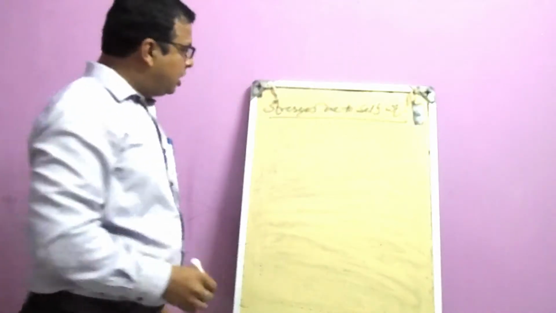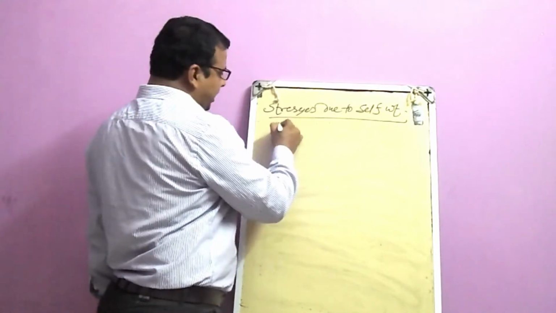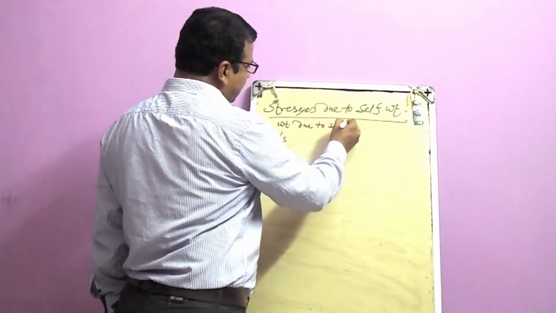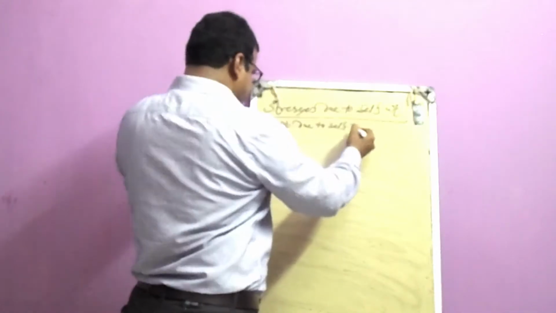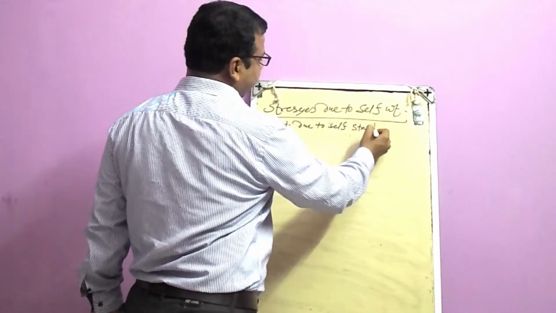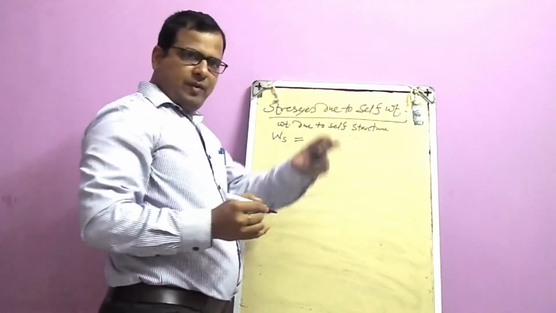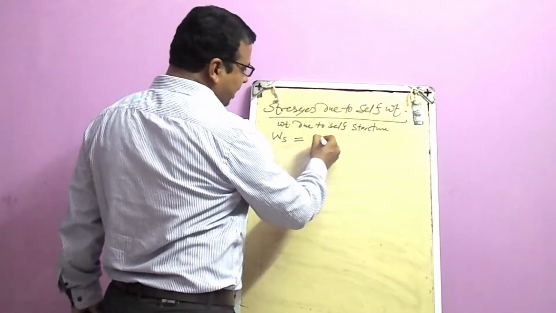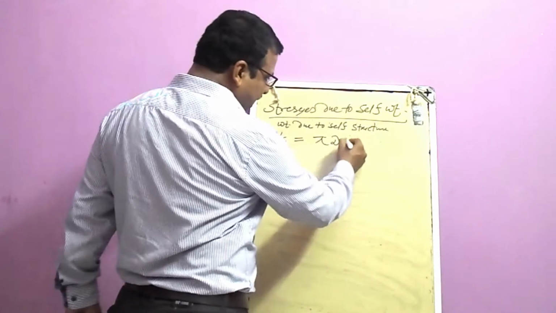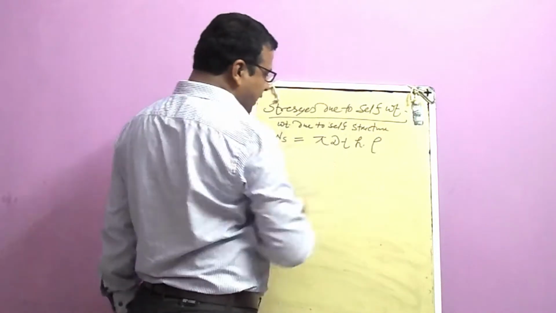Basically, first of all, we will find out the weight due to self structure. So WS will be, first of all we will calculate the perimeter, that will be pi d, into the thickness, multiplied by the height, and then multiplied by the density.